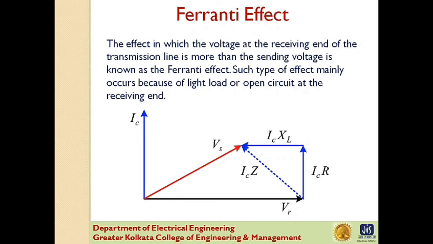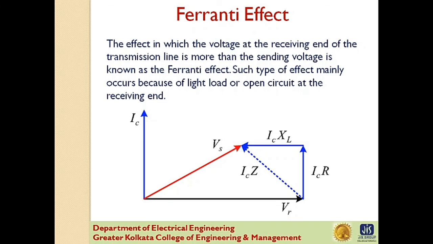But Sir H.J. Ferranti in the year 1890 came up with an astonishing theory about medium or long distance transmission lines, suggesting that in case of light loading or no load operation of the transmission system, the receiving end voltage often increases beyond the sending end voltage, leading to the phenomenon known as Ferranti effect in a power system.